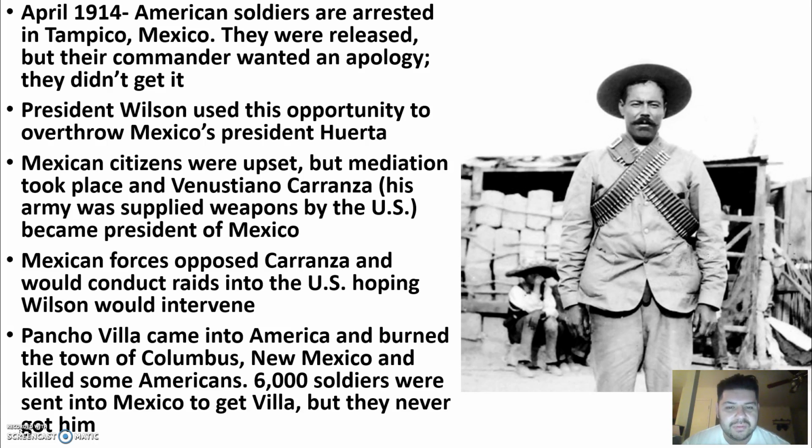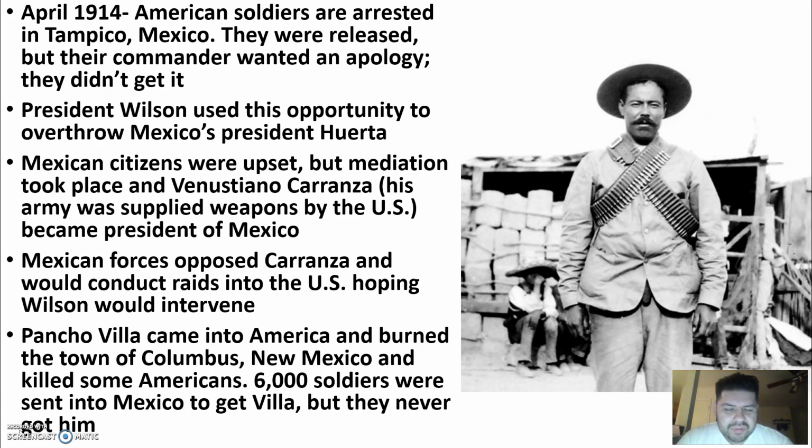Now, Carranza was known to the Americans because he had an army and he had weapons supplied to him by the US government. And basically, they agreed, you know what, this guy will be your new president. Now, the people really didn't like Carranza all too much. And Carranza came in thinking he's the top guy. So the Mexican forces basically opposed him.